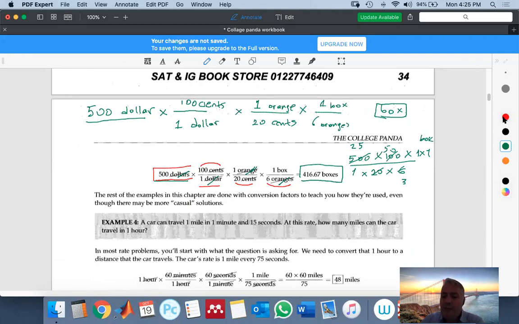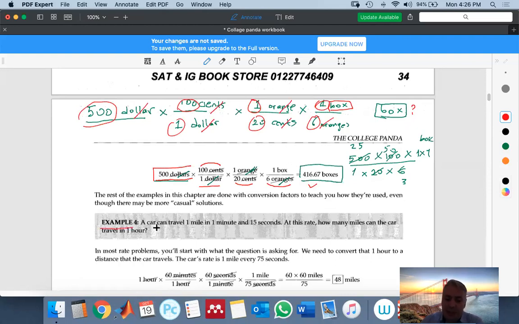So when we multiply them, first of all, terms: dollar with dollar, cent with cent, orange with orange. So what is left? Box is left. So this is my question: how many boxes? And when I multiply all these numbers, 500, 100, 1, 1, divided by 1, 20, and 6, we will get this result, 416.